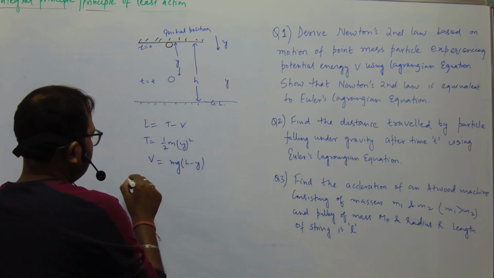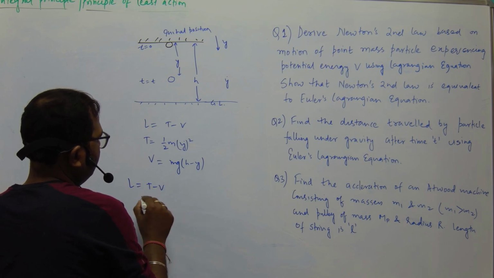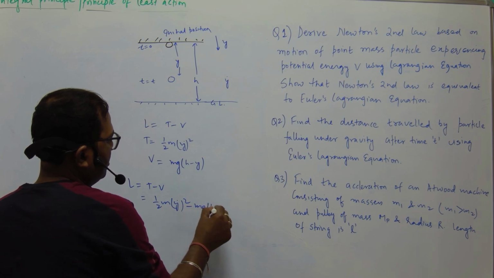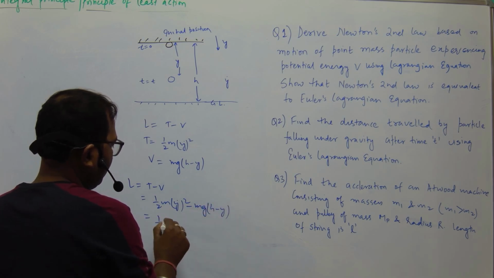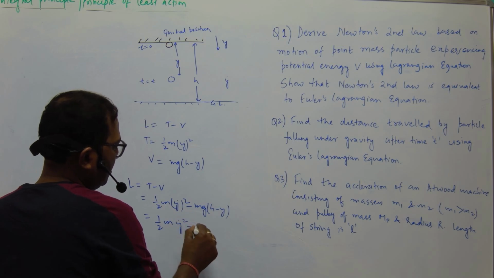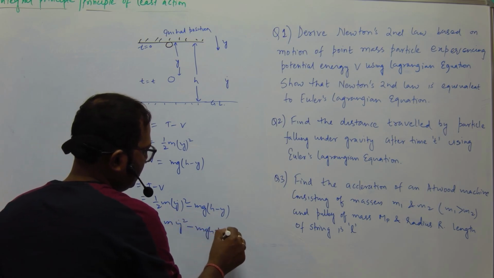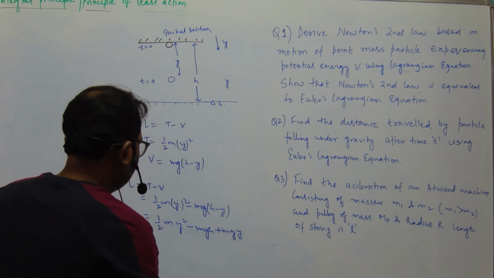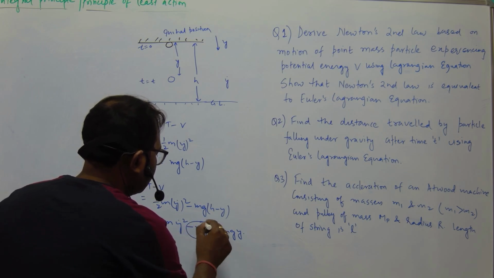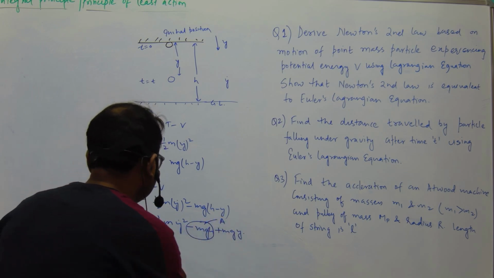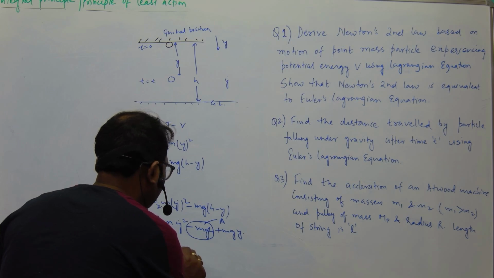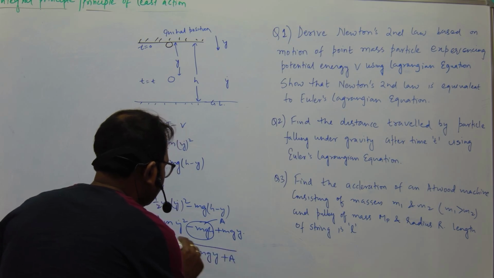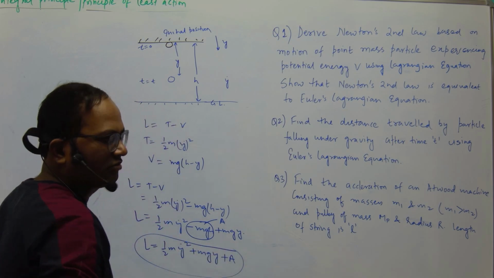So we have the Lagrangian as T minus V is equal to half m y dot square minus mg into h minus y, equal to half m y dot square minus mgh plus mg into y. This is the Lagrangian. Let us take mgh as a constant, capital A. L is equal to half m y dot square plus mg into y plus constant. Let us apply the Euler-Lagrange equation.